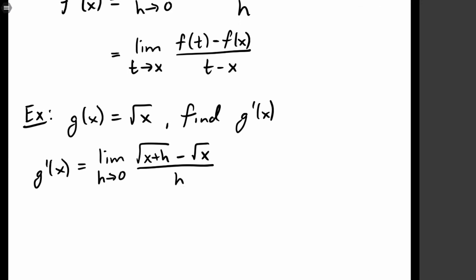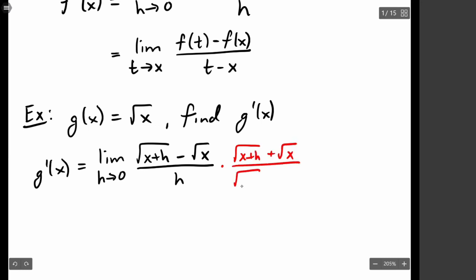Alright? Remember, this here is where we want to use the conjugate, because we have these square roots on top. So multiply by the conjugate. Right? So square root of x plus h plus square root of x. Alright? Remember, we have to multiply the top and bottom. Okay?